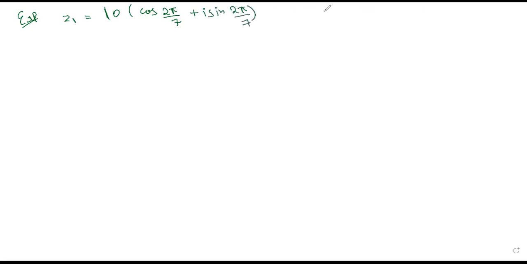This is the first complex number. The second one is 2 (cos 9 pi by 14 plus iota sine 9 pi by 14), and you have been asked to multiply these.